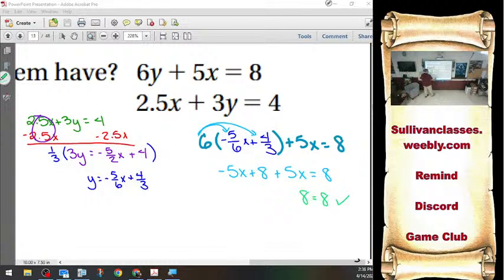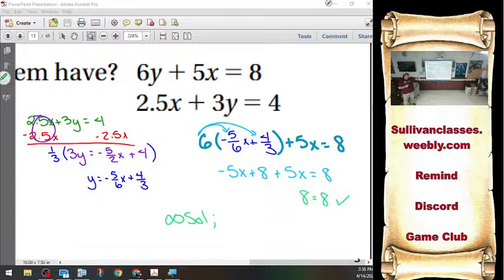Let's go back to what we were doing with our graphs. Do you remember your words? Is this consistent and independent, consistent and dependent, inconsistent? Go back to section 6.1.